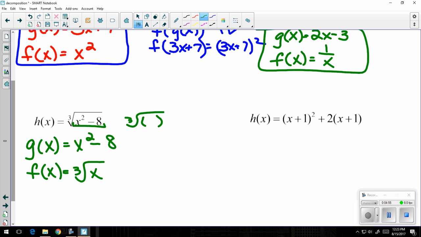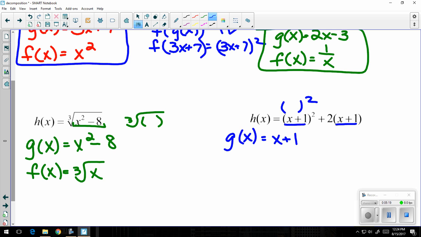And then let's take a look at h of x on the right over here. I have x plus 1 squared plus 2 times x plus 1. If you notice, my parentheses are the same. So because my parentheses are the same, that's a helpful hint. My parentheses is going to be my inside function. So what's left over?